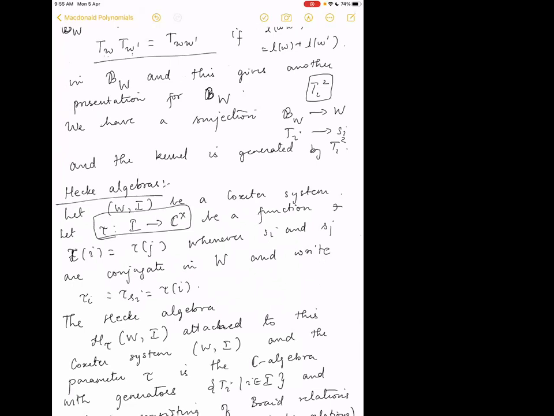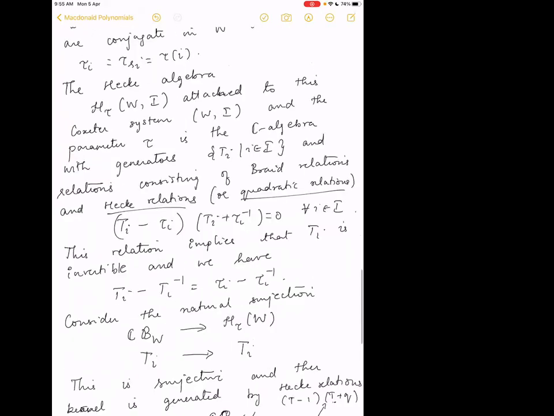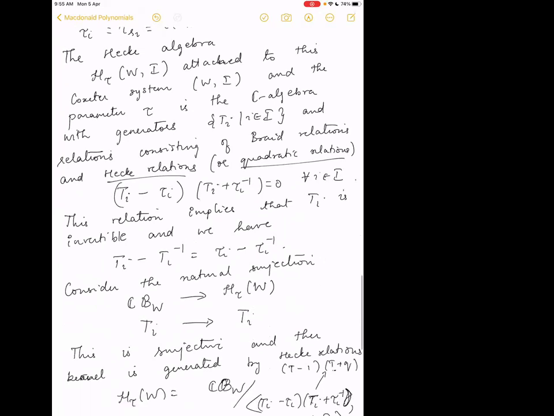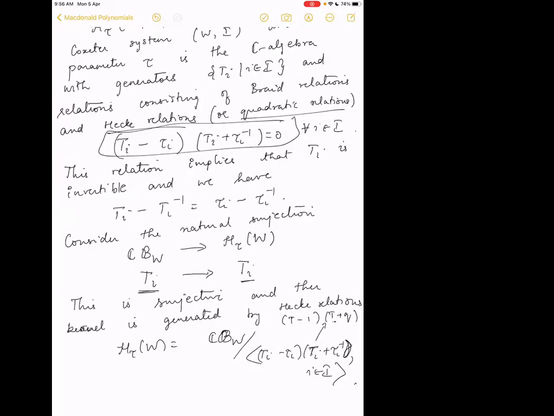I don't know if this is standard notation, people may use different notation for this and this, but anyway, T_i goes to T_i. In H_tau(W), there is this additional relation, which is this Hecke relation. So this natural surjection will have exactly this as the kernel. Okay.